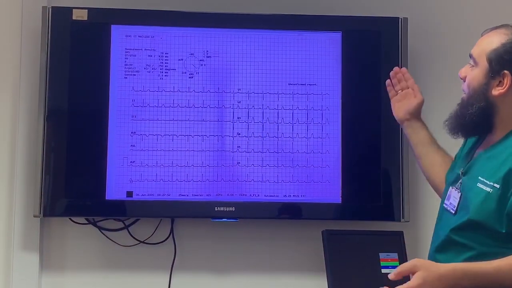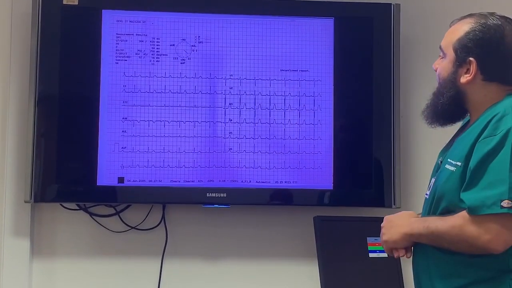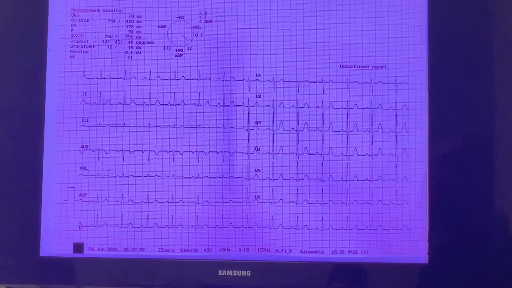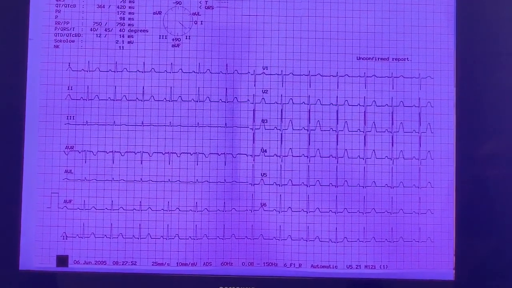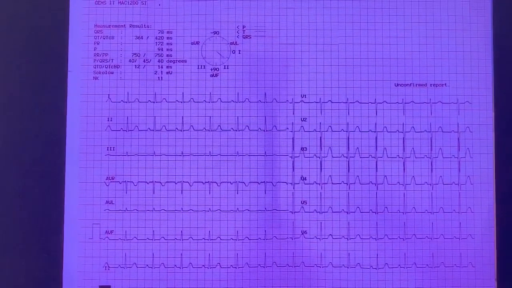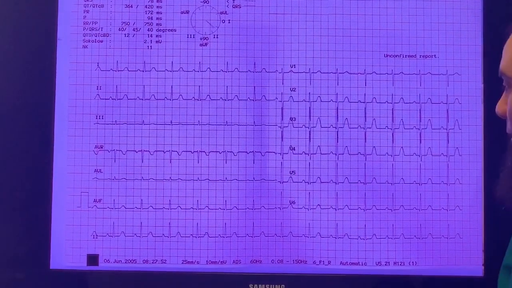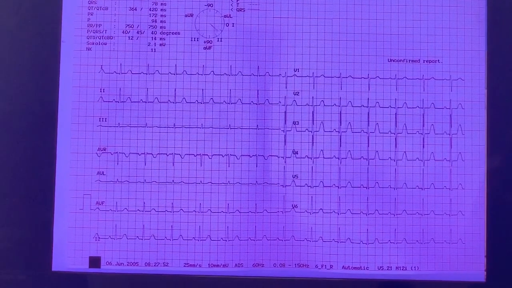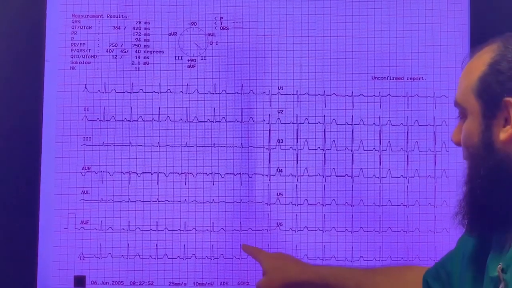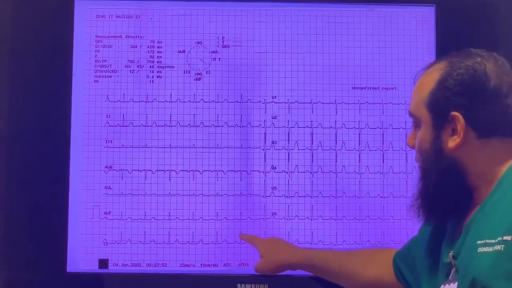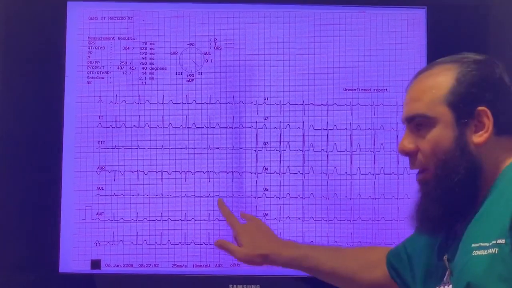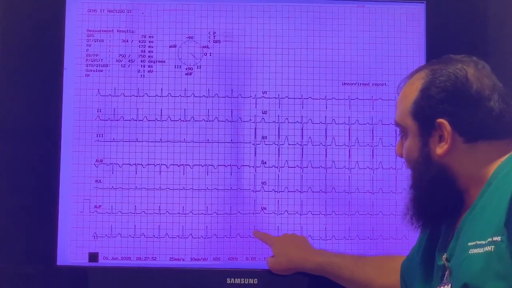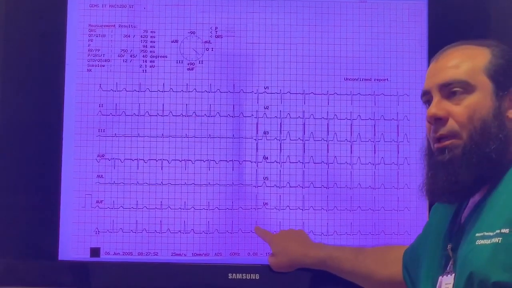Okay. I need the rate here. Any suggestion? About 60? Oh no, is it regular? It is regular. It is the same ECG anyway, the machine one. So if we come to here, I will assume that the big arrow is here and that the big complex is on the end of the square.